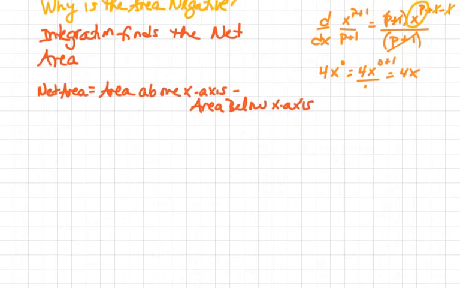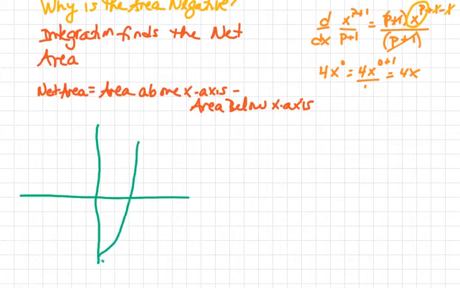The graph of this function is going to look like a parabola opening up, and it crosses negative 2 and 2 at the x-axis. And it turns out that that net area is all below the x-axis. So therefore, that area should be negative.